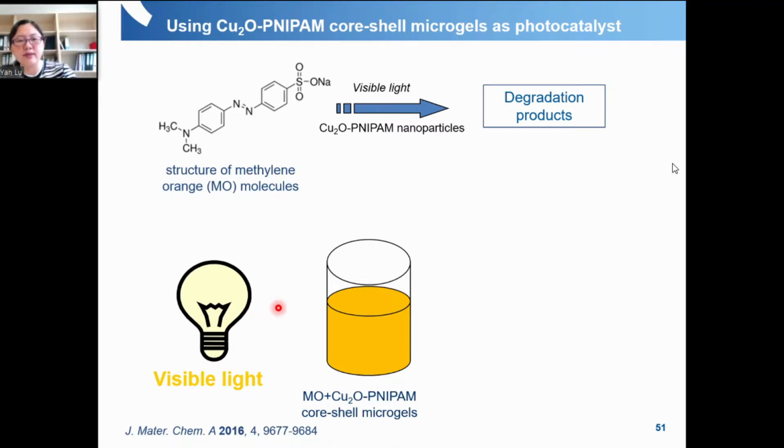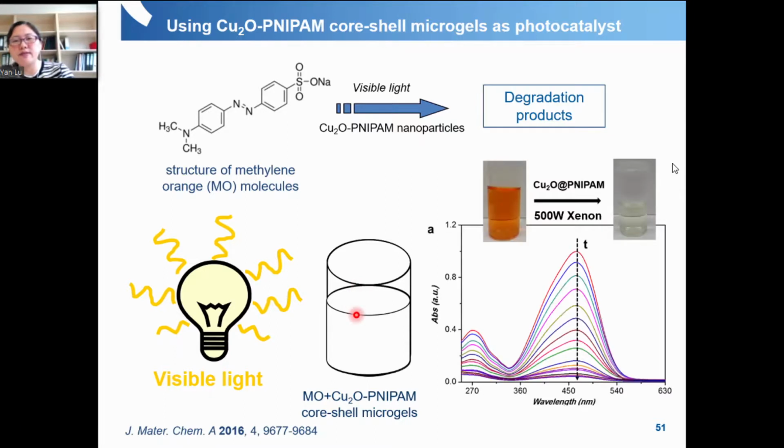In this case, we also investigated the photocatalytic activity of this particle using methyl orange, a kind of dye molecule. After irradiation with light, you see the color is gone, and you can follow this degradation reaction by UV-vis spectroscopy. You follow the decrease of the absorption peak of methyl orange, and then you get the rate constant of these photodegradation reactions.